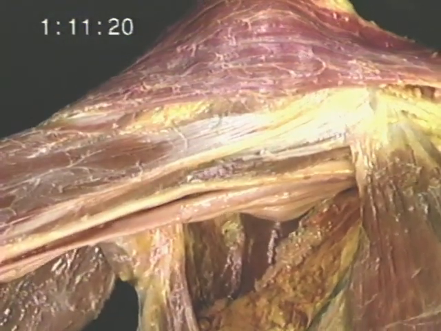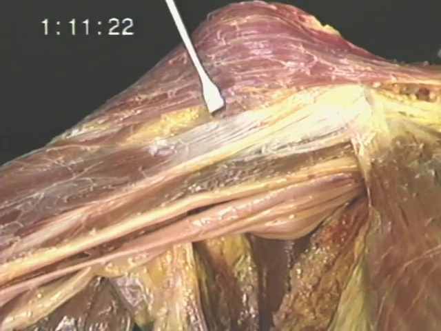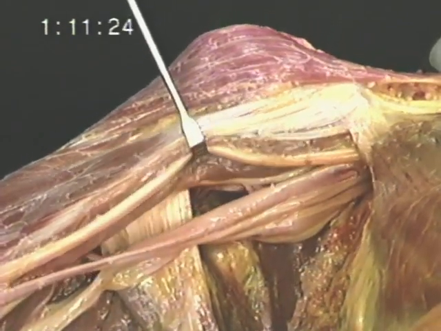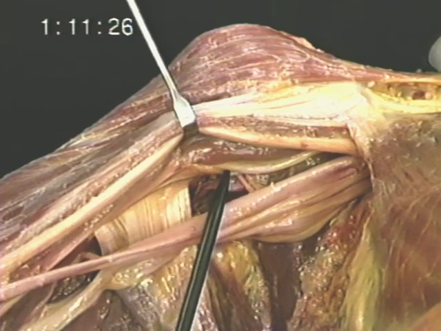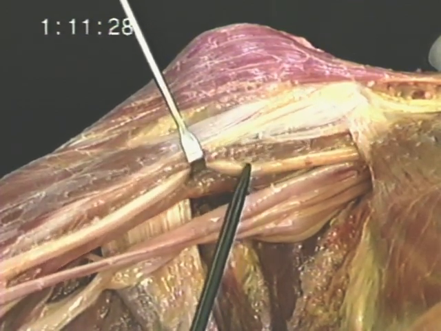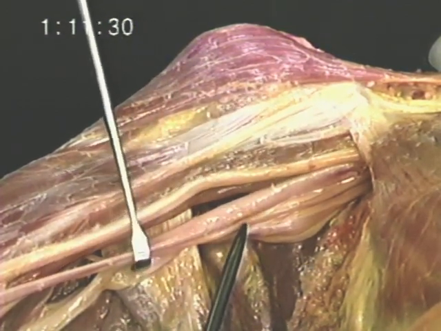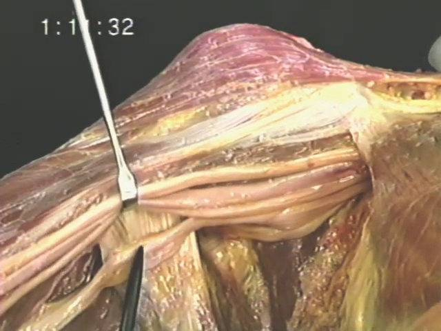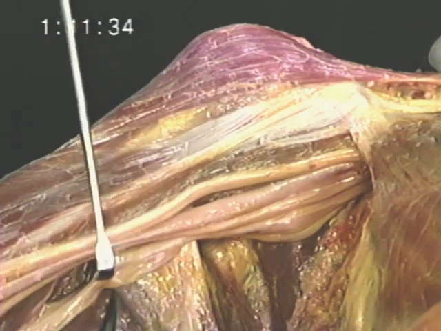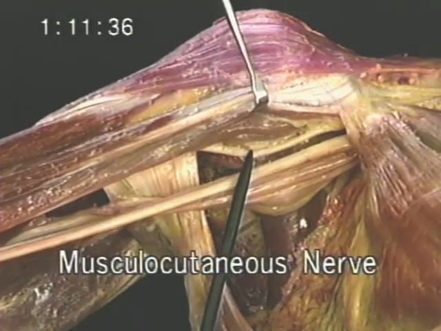Now we'll go back up to the top and look at the nerves. Four nerves surround the axillary artery as it emerges from beneath pectoralis minor. They're the musculocutaneous, the median, the ulnar, and the radial. We'll look at them in that order. Here's the musculocutaneous nerve.